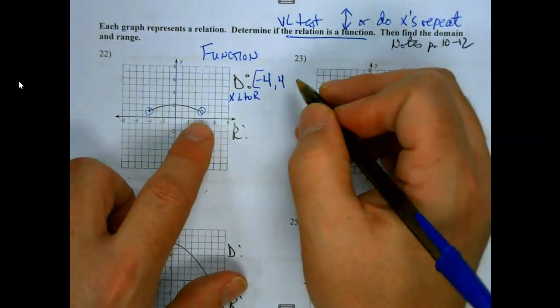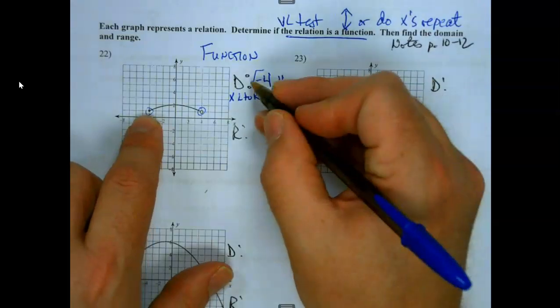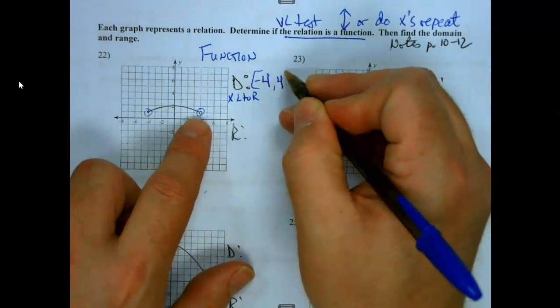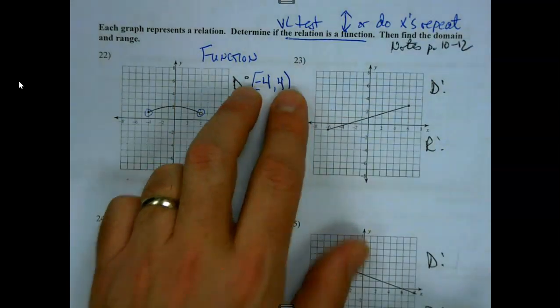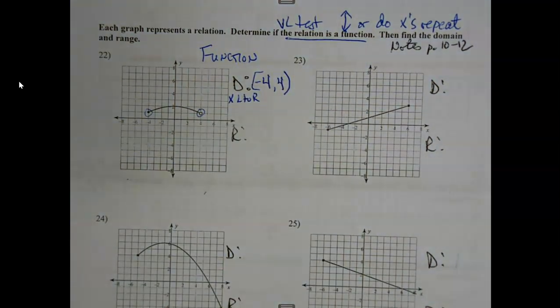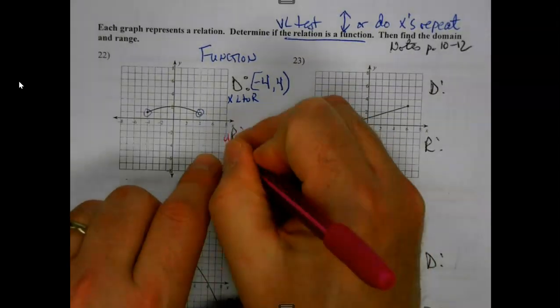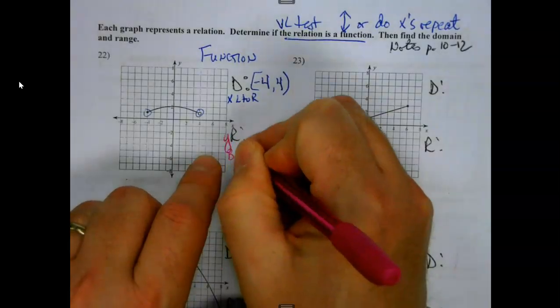Now technically, I should use the bracket here and a parenthesis here. I'm not as worried about that. If you use brackets on both of those, I'm not going to ding you, okay? I want to see that you know the left to right part. And there's no arrows, so don't give me infinities yet. Arrows will be coming. Range, y values.